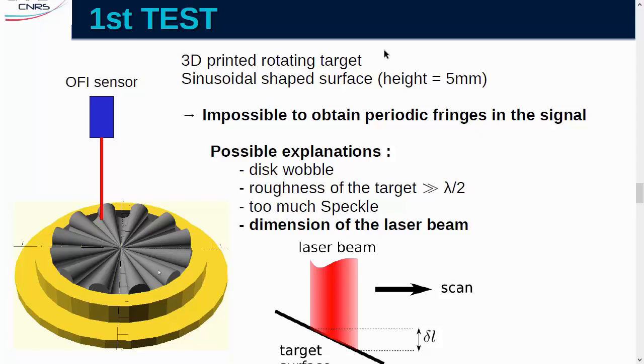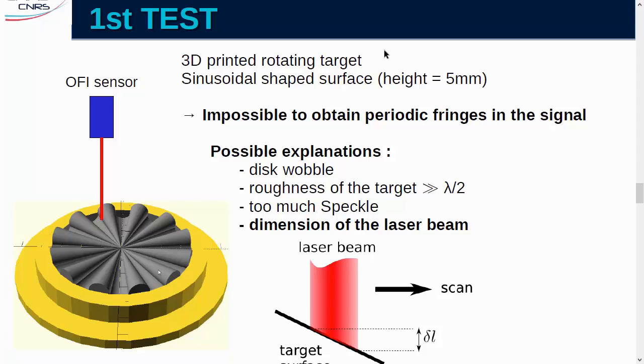So we tried to figure out what the reason would be. We first looked at the disk wobble. The target is mounted on a disk that is rotating through a motor, and any misalignment of the disk with the central axis of the motor will induce unwanted wobble on the target.